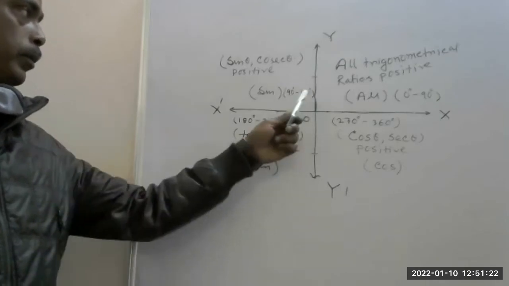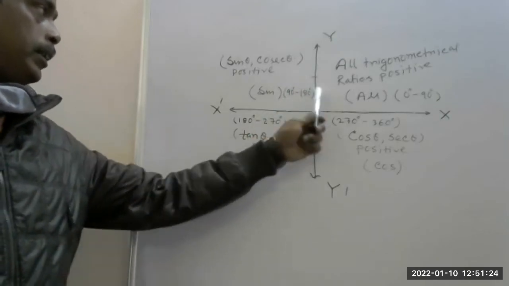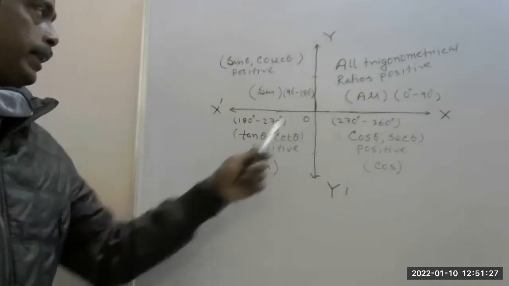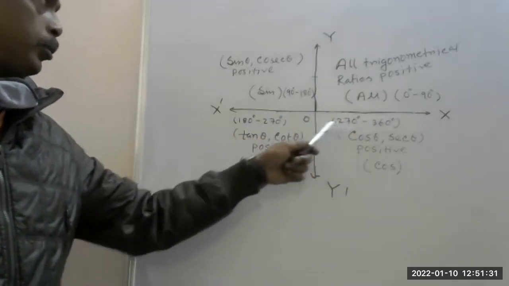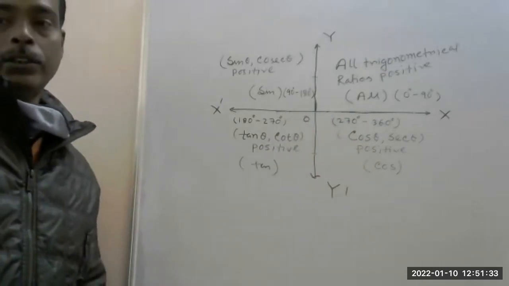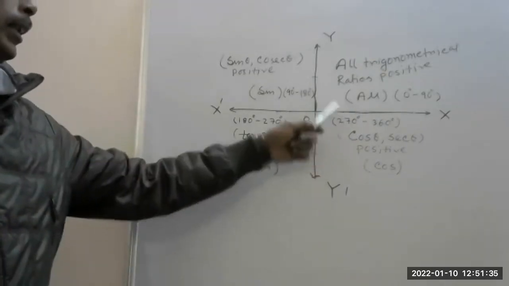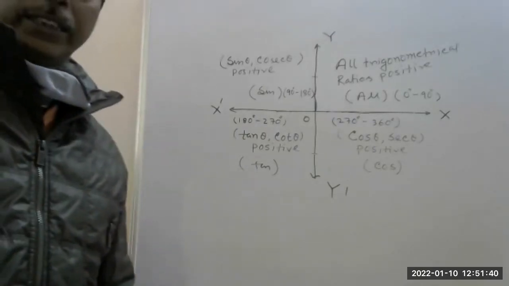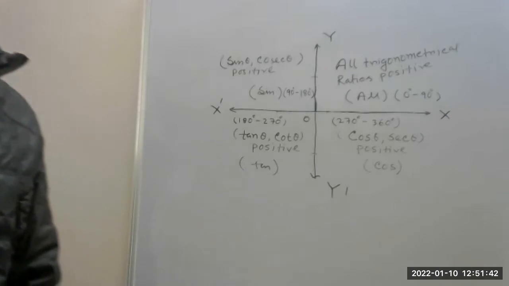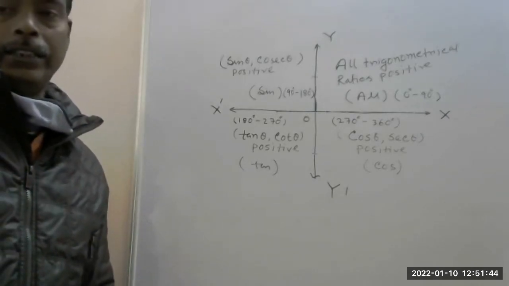Look at here, 180 minus 90, that is 90, 90 minus 0, 90, 270 minus 180, that is also 90, 360 minus 270, that is also 90. So 4 into 90, that is 360 degree, one circular angle. We know that circular angle is 360 degree. So here total circular angle is 360 degree.